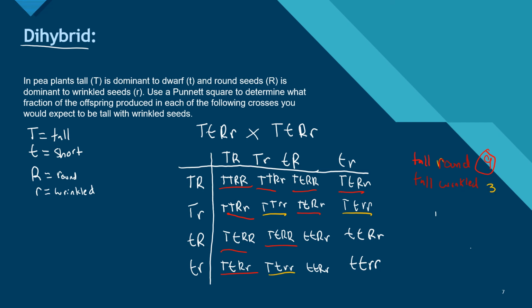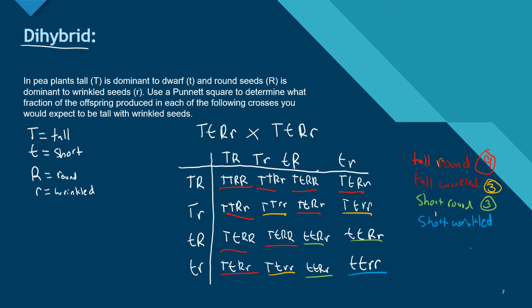So I count 3 for tall and wrinkled. For short and round, I count, let's see, 1, 2, 3. So 3 again. And then the last one has to be short and wrinkled.